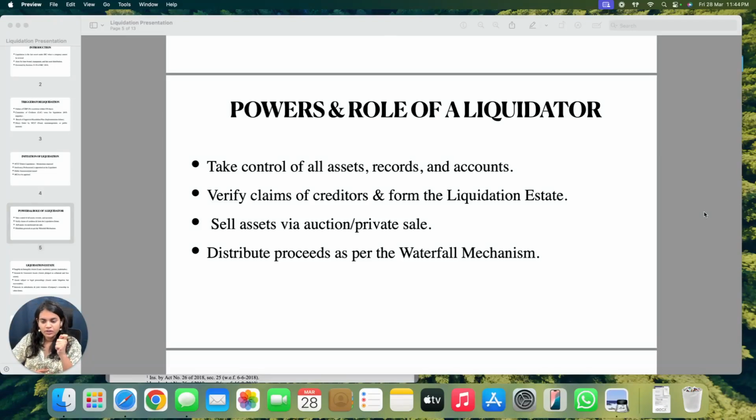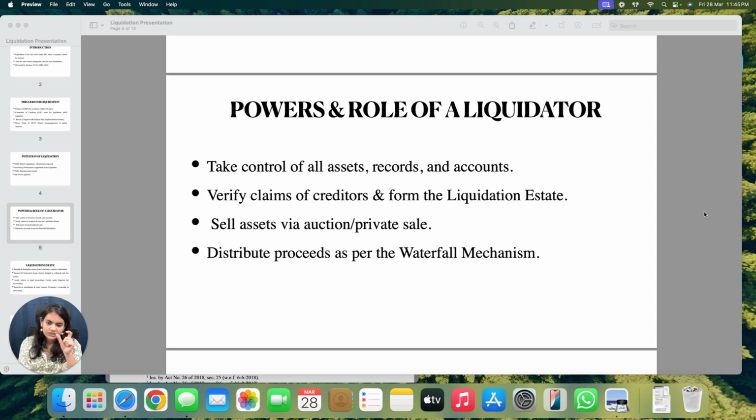So the stakeholder consultation committee is constituted within 60 days of the liquidation commencement date, or 45 days from the receipt of claims, whichever is later. So we'll understand about the role and functioning of the stakeholder committee in the subsequent portion.